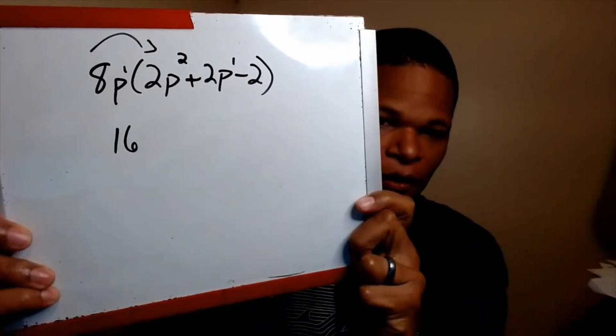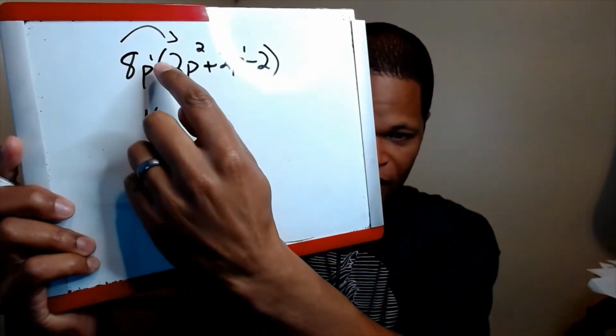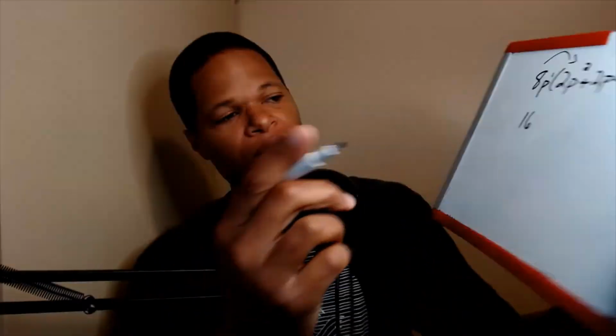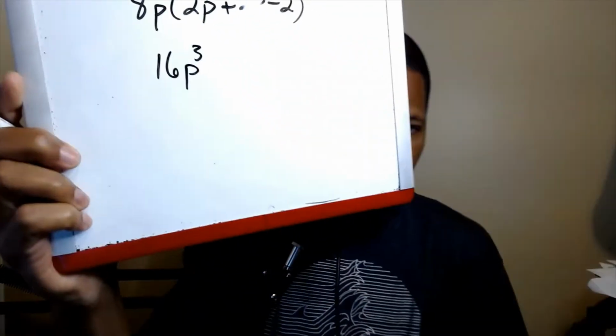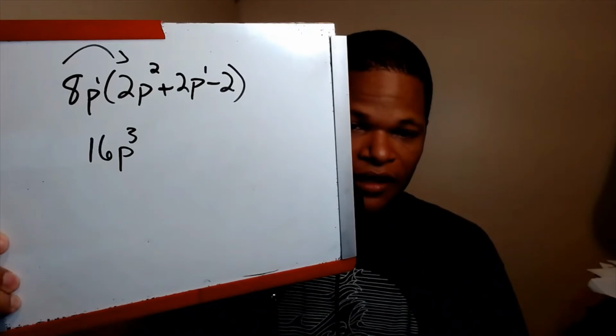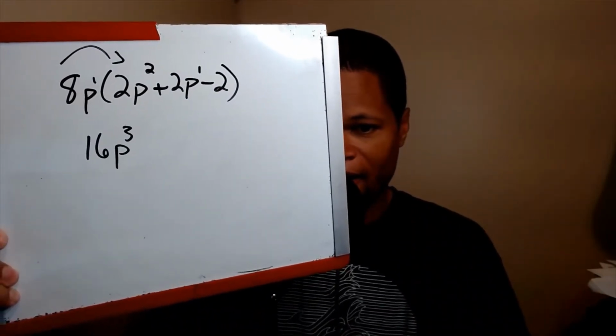But the 8 had a p and the 2 has a p squared. Well, you add the powers when you multiply the coefficients. So 1 plus 2 is 3. You can see that okay. So this is going to become 16p to the third power, okay? That's my first multiplication step, okay? You keep the base p, but the exponents get added up, okay?